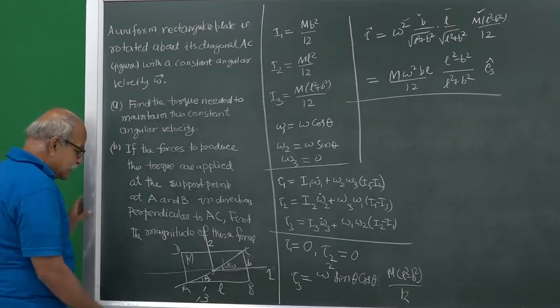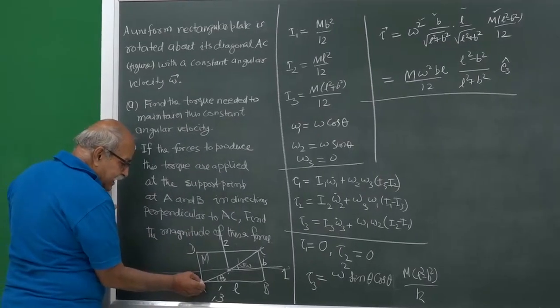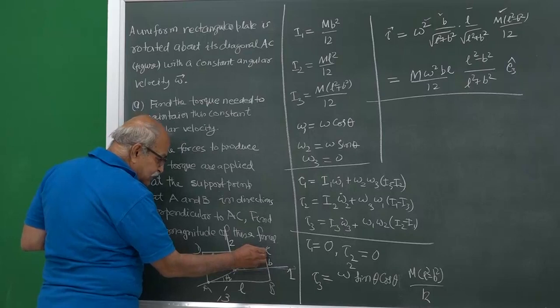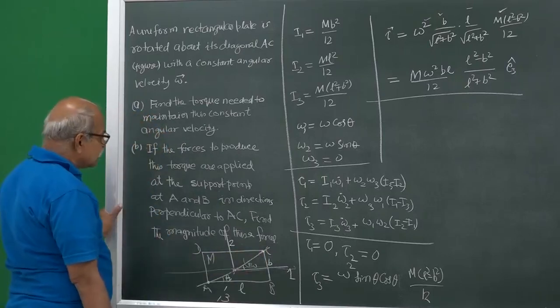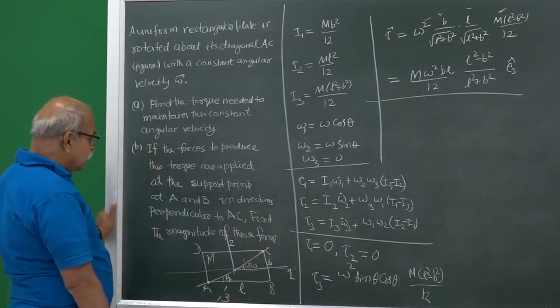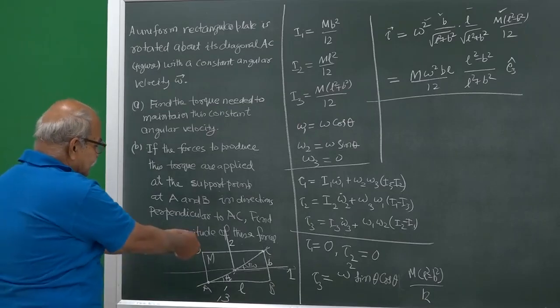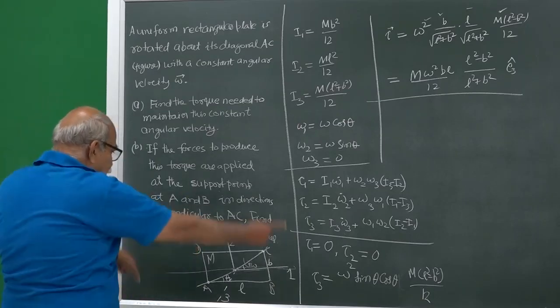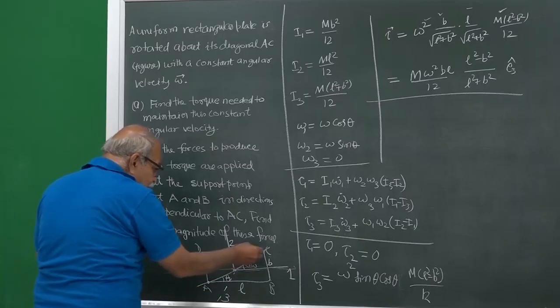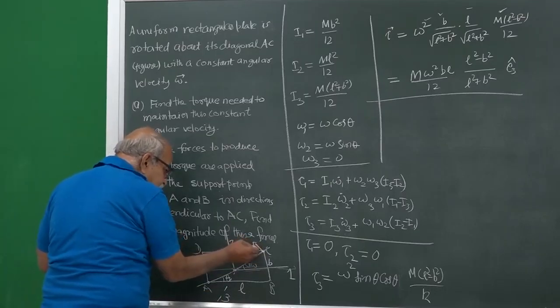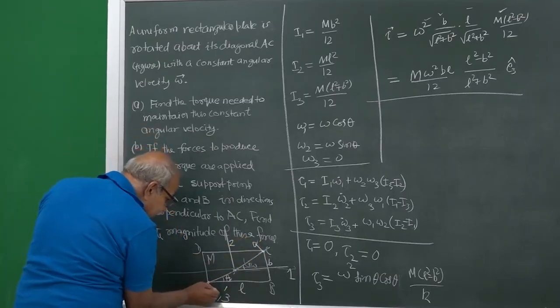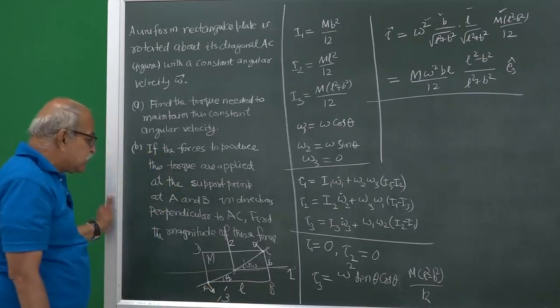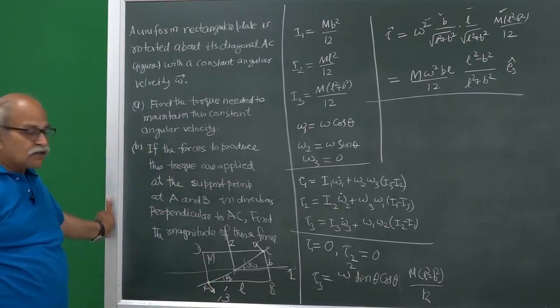Now, the second part. This torque is obtained by applying forces perpendicular to AC, and the torque is in the E3 direction. So the force should go in this direction here and in the opposite direction there. They must have equal magnitudes, since the center of mass is fixed.